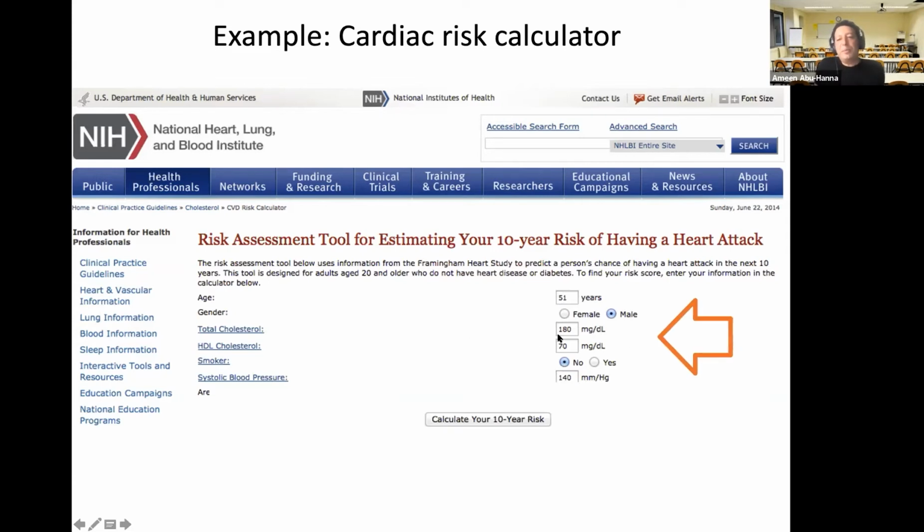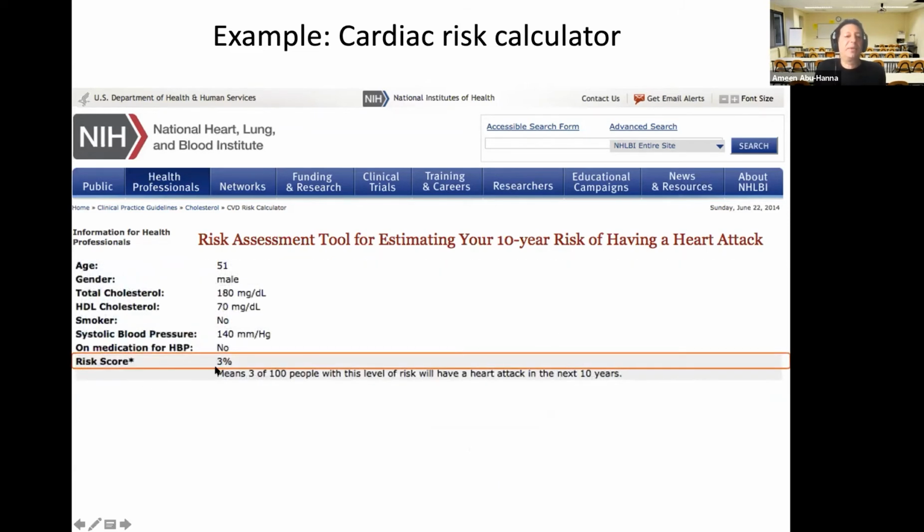If I put some information here, the system is asking me about some values of my variables, and then I click and say, okay, calculate my 10-year risk. Then it comes back and says, okay, you have a 3% risk. And for today, I would like that we are equipped with tools and concepts to understand what that 3% means. Do I trust it? Can I act on it?